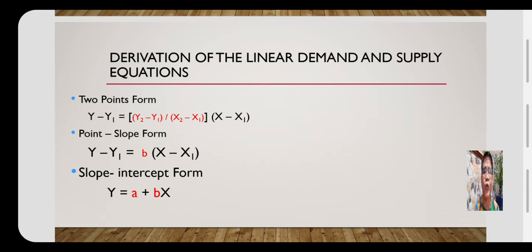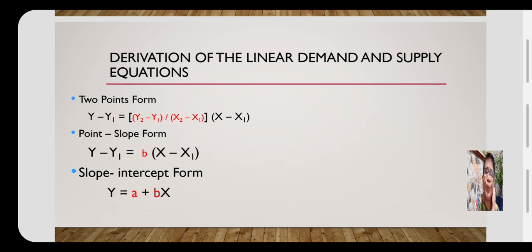So the 2 points form, y minus y1 is equal to a numerator of y2 minus y1 and the denominator of x2 minus x1, and then multiply it to x minus x sub 1.